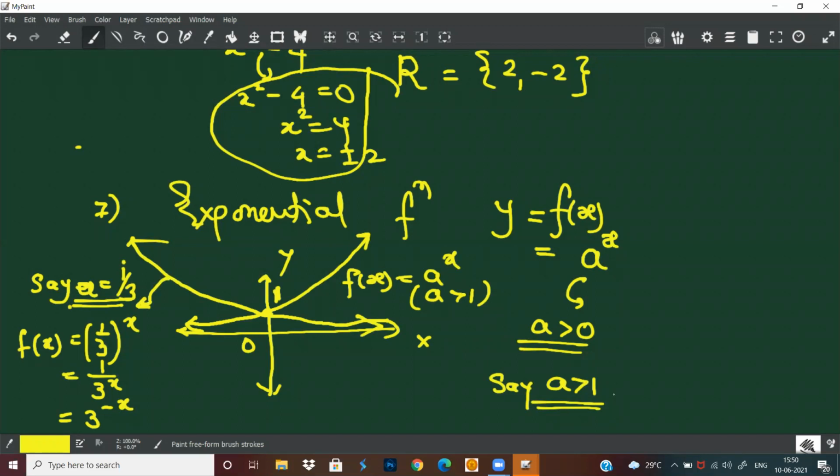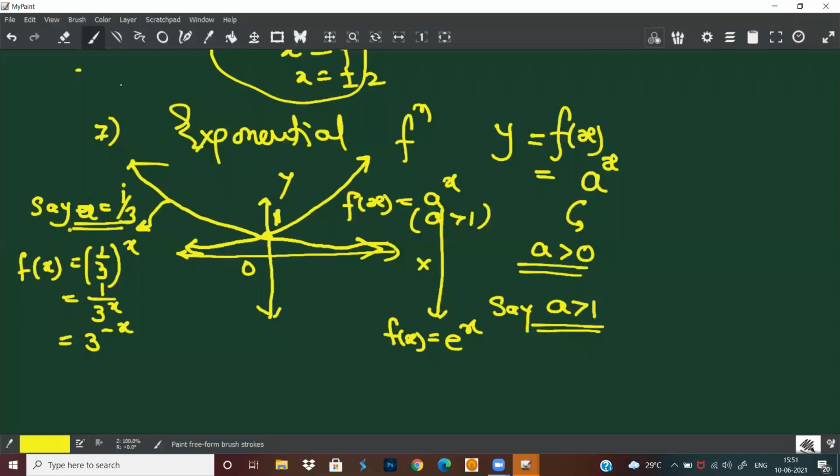Same thing for e raised to x, this will come. This is a special case, f of x as e raised to x. And here, instead of 3 raised to minus x, I can write e raised to minus x.